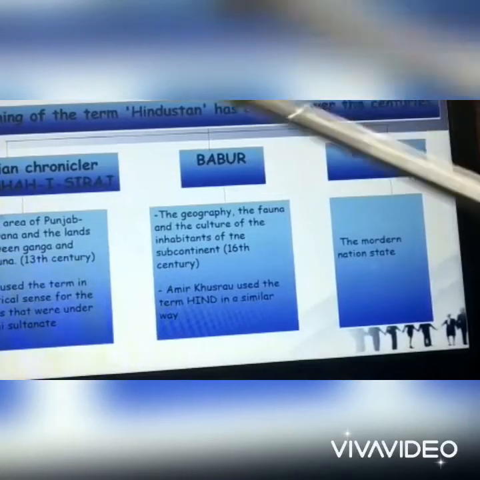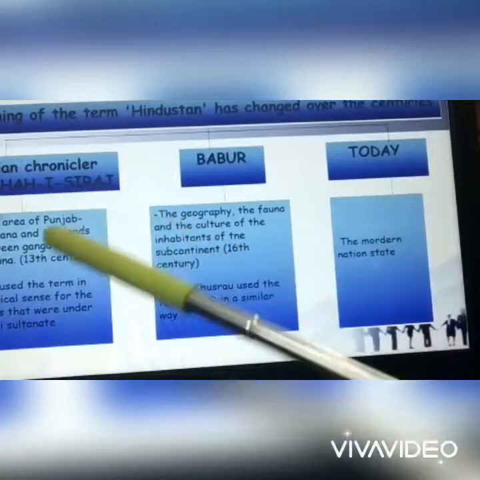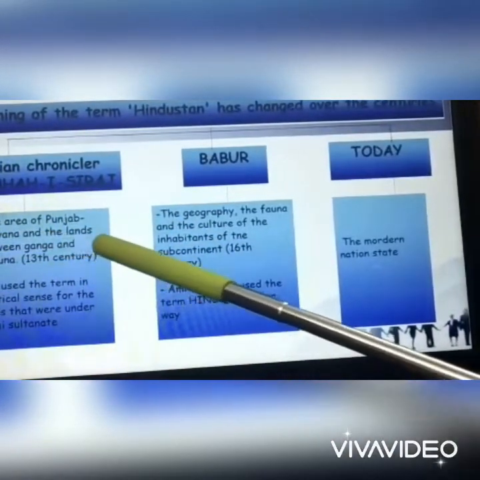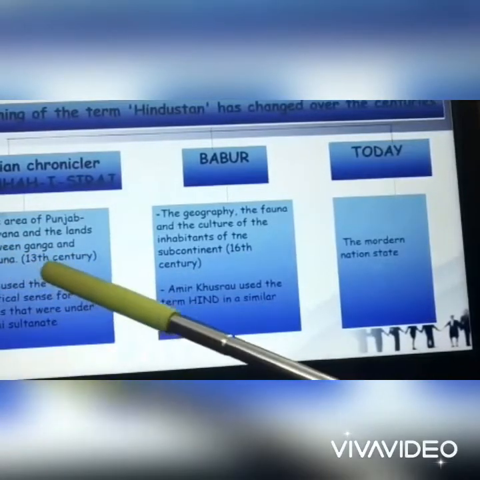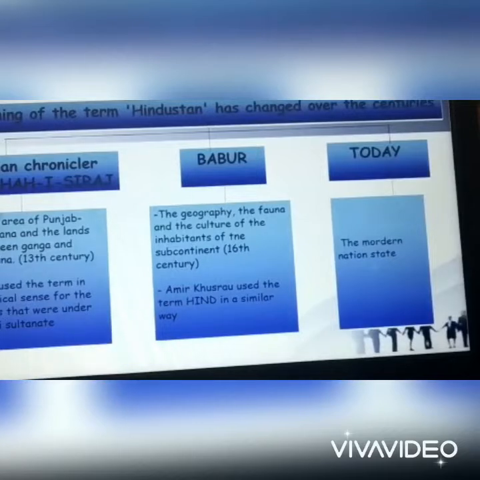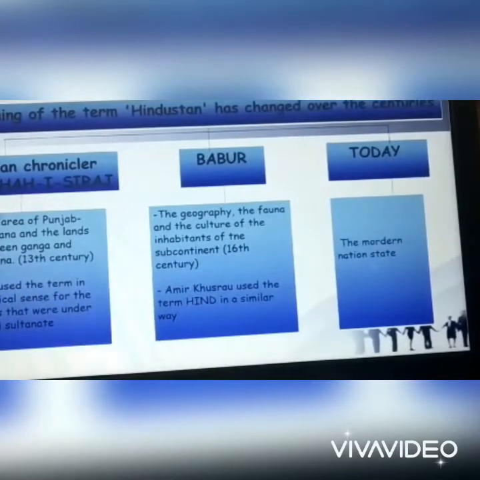Persian chronicler Minhaj-e-Siraj, according to him, the area of Punjab, Haryana and the lands between Ganga and Yamuna in the 13th century, basically the area under the Delhi Sultanate, was called Hindustan.